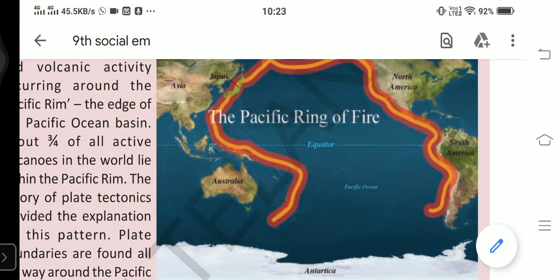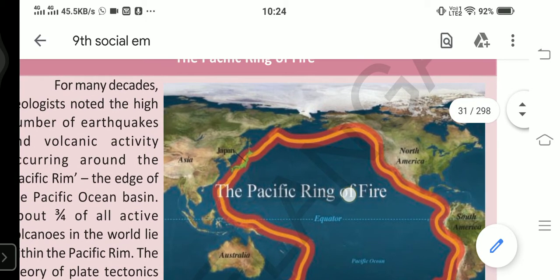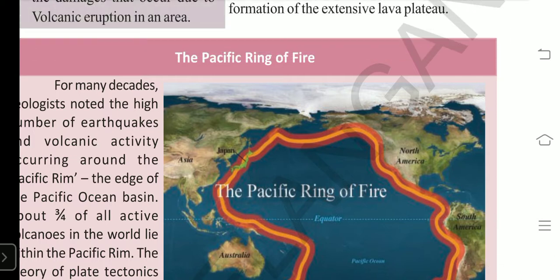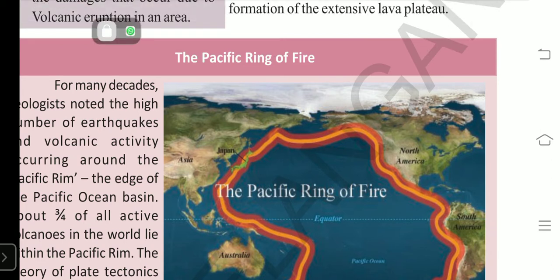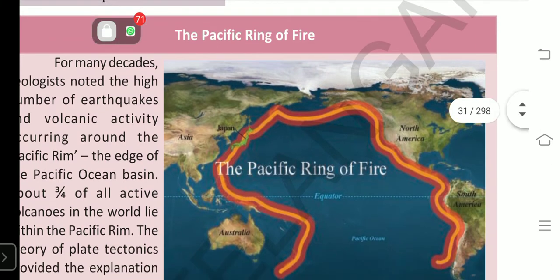Then the North American plate, right? And the Eurasian plate, Europe and Asia together, called the Eurasian plate, and the Indo-Australian plate.